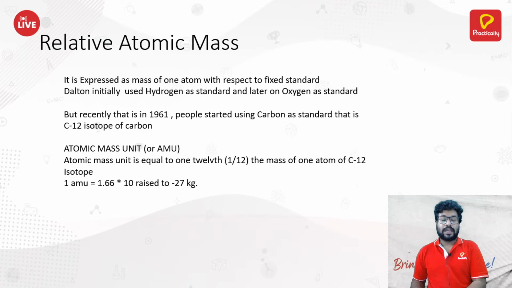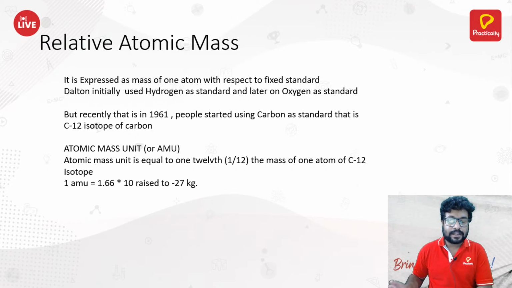How would you define the atomic mass unit? The atomic mass unit is equal to 1/12 of the mass of one atom of the C12 isotope.